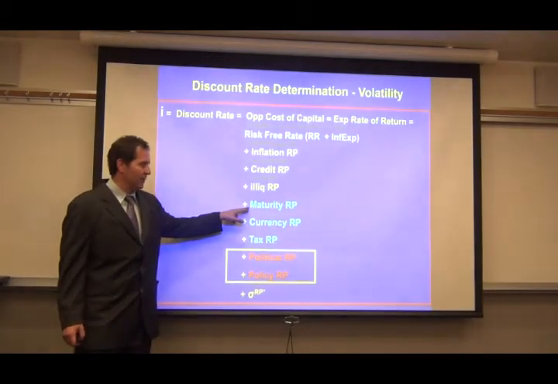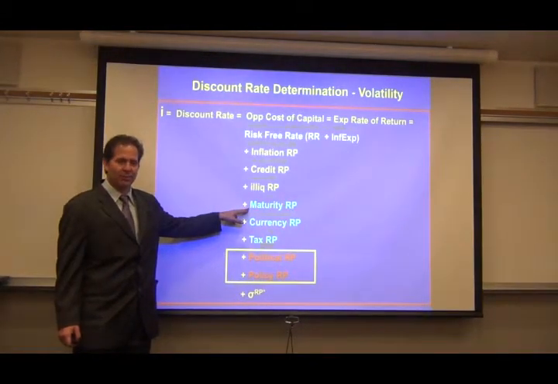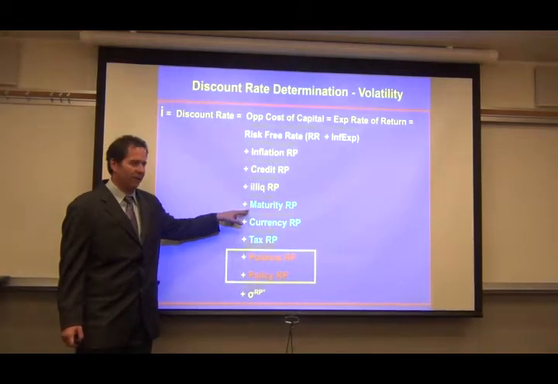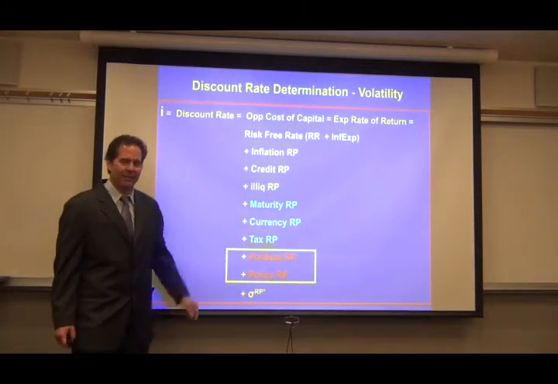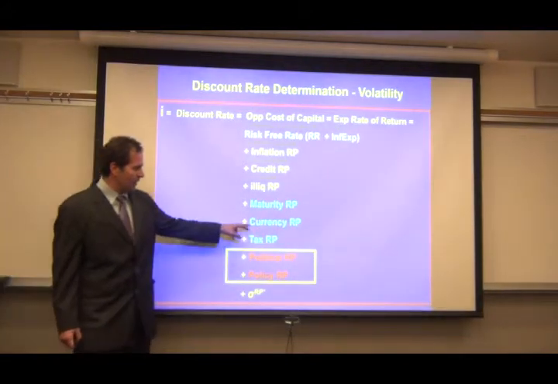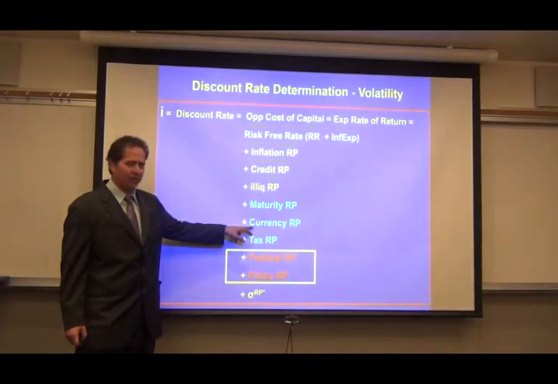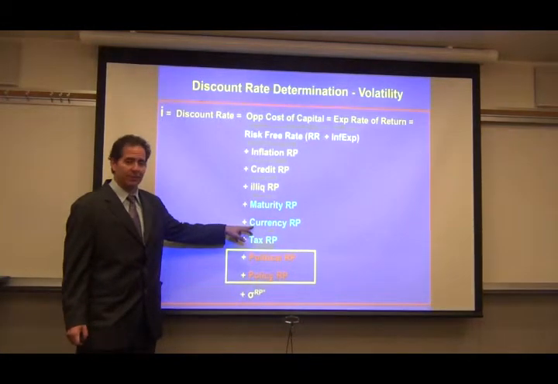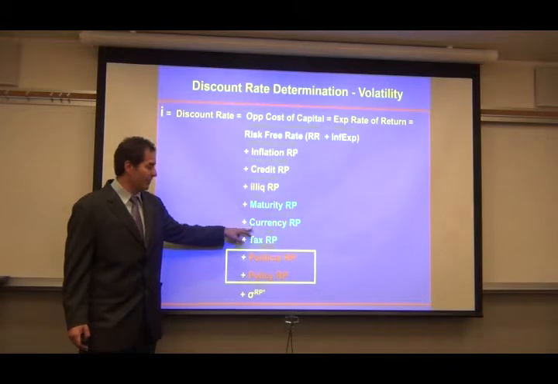Maturity risk premium. Longer term bonds are more sensitive to movements in interest rates than shorter term bonds. So the maturity will have a direct impact on the risk premium that needs to be embedded into the discount rate. Currency risk premiums. If you are a firm that sells into foreign markets or is exposed to foreign markets, there should be a currency risk premium embedded in your discount rate because you will be affected by changes in currencies.